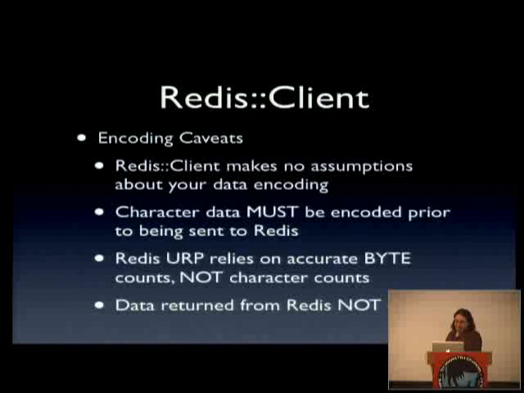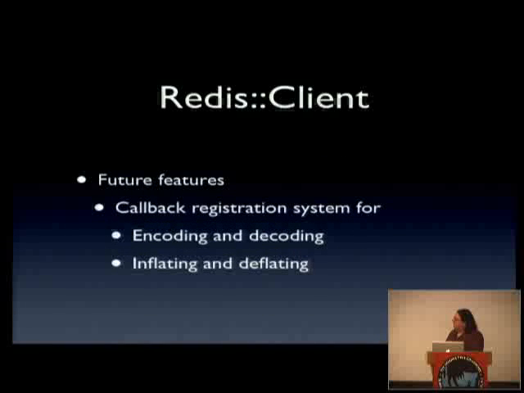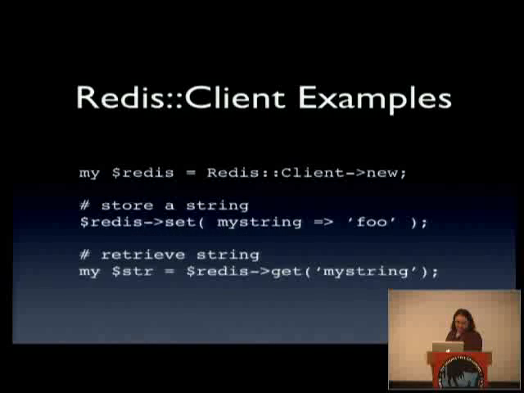Similarly, data that you get from Redis is not decoded. You need to decode it yourself, which is the correct way to do that. In addition, there will be a callback system for dealing with encoding and decoding and inflating and deflating data, such as if you're storing JSON. That doesn't exist yet, but I have it in a branch somewhere, almost ready to go.